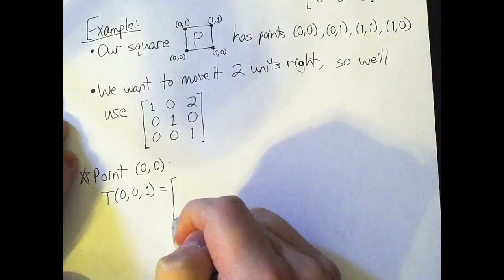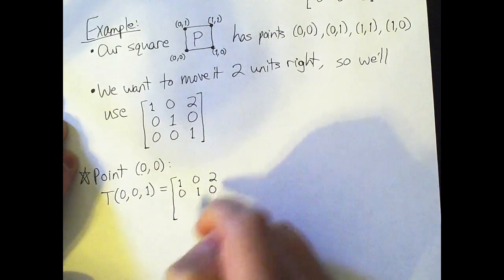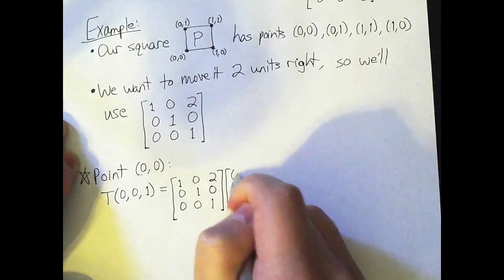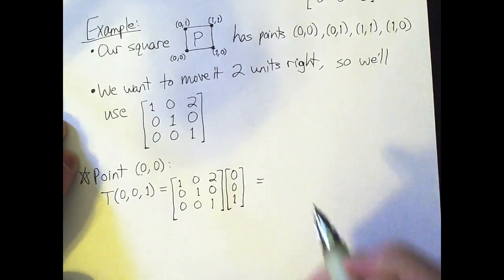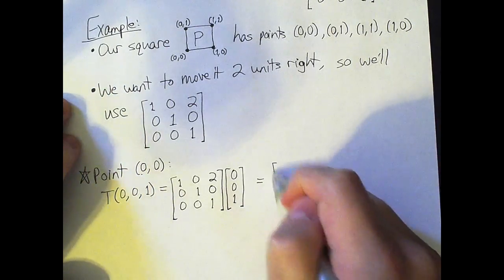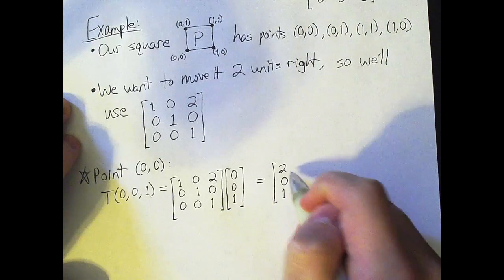So this should be this 3 by 3 matrix times this vector 0, 0, 1. This matrix multiplication is not very hard. It has a lot of zeros in it. I'm just going to tell you that if you do this, you wind up with 2, 0, 1.